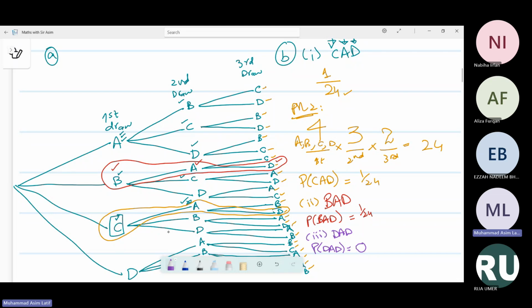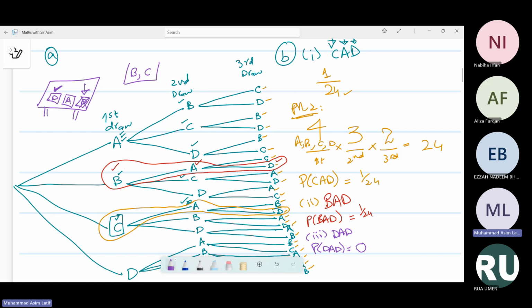Reason? The reason is, once on the table, he has put the first card written D, the second card written as A. Since it has been already placed over here, so from the bag or from the cards remaining, he has got just B or C. So this card cannot be a D once again. So that's why its probability is going to be 0.